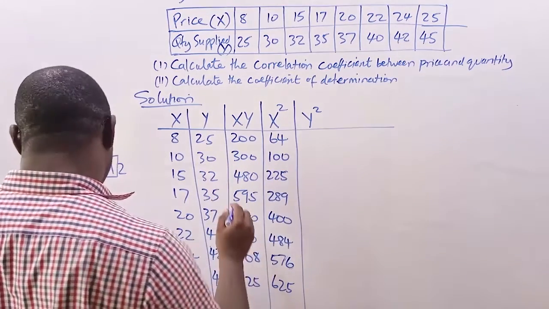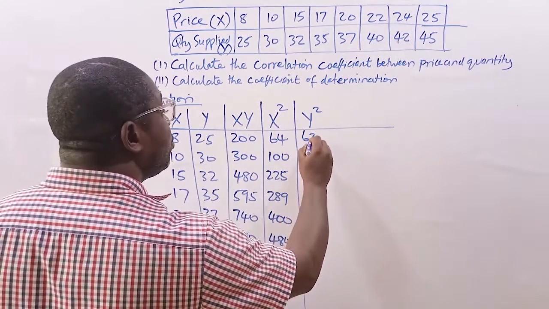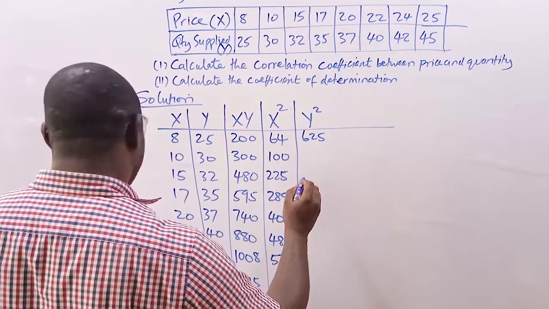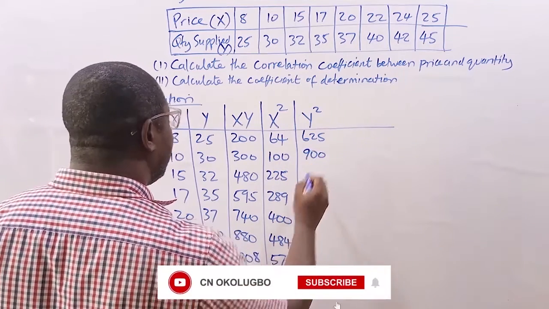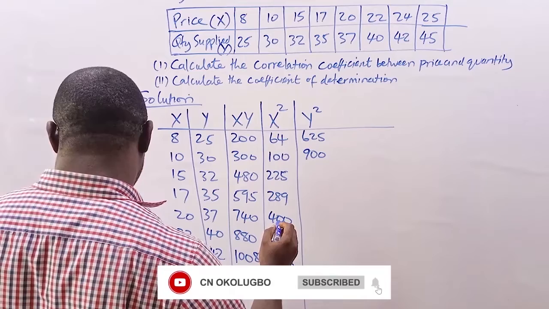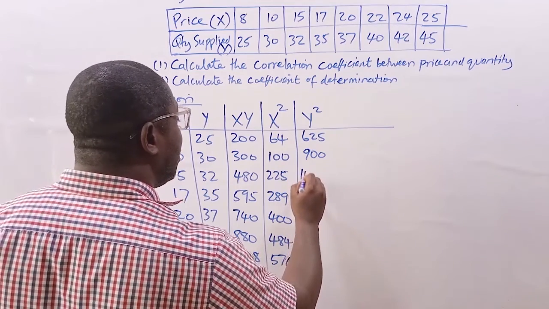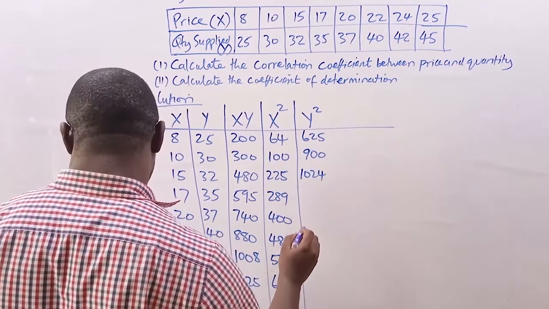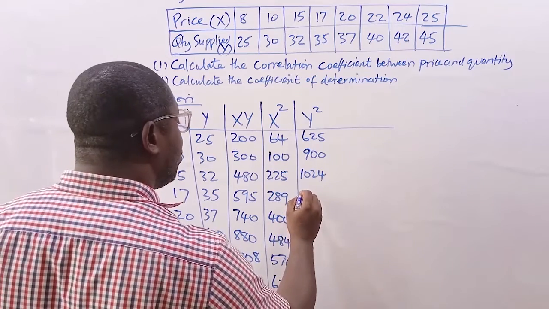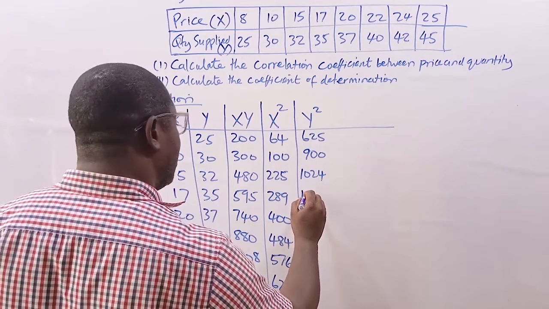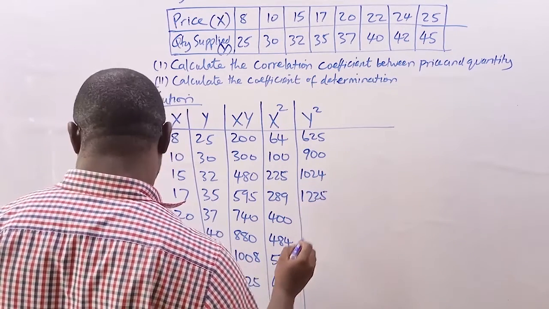The first one, 25 squared is 625. The next one, 30 squared is 900. 32 squared is 1024. The next one, which is 35 squared, is 1225.